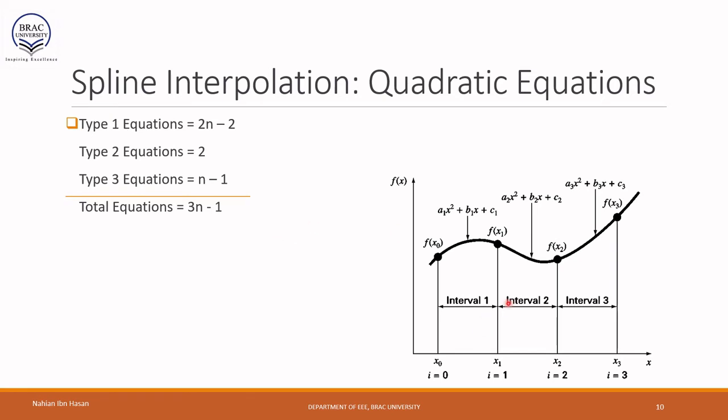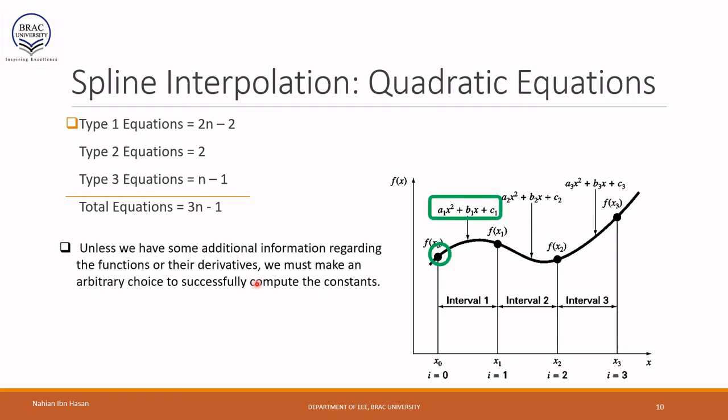But if you remember, at each interval we have 3 unknowns, so I would need 3n equations, and I have found just 3n minus 1 equations. That means there is one equation I still have to find. Since there are no conditions to be applied in this interpolation technique, I have to assume something that will serve as the last equation.